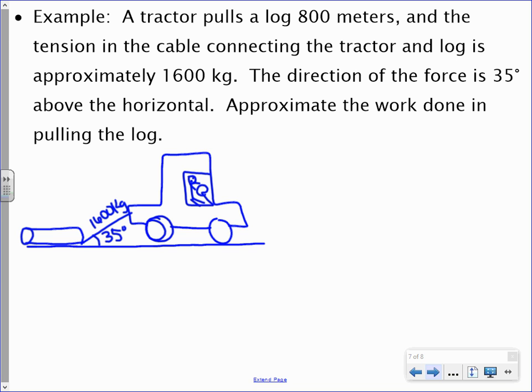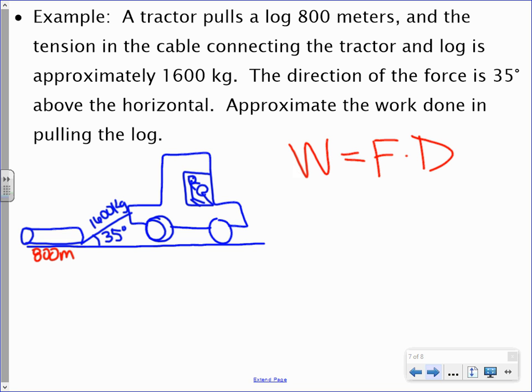And he pulls it a distance of 800 meters. So this is how we find work. Work is force times distance, or force times displacement, whichever word you would like to use.